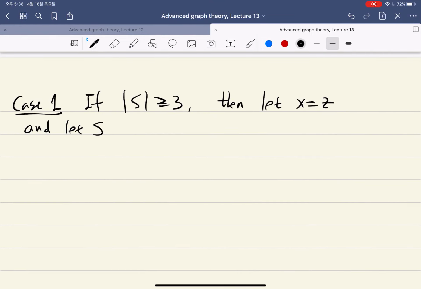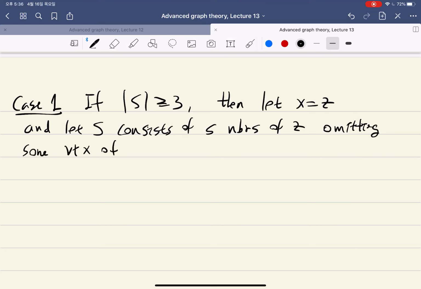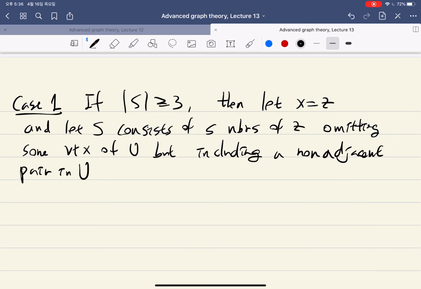And let S consist of S neighbors of G, omitting some vertex of U, but including a non-adjacent pair in U. So we have G and U here.